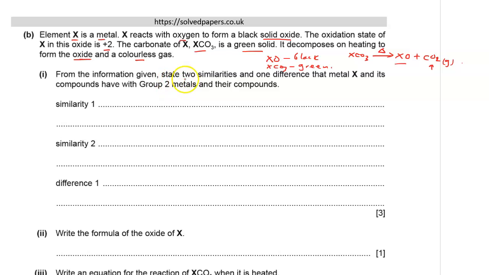From the information given, state two similarities and one difference of metal X and its compounds with group 2 metals and their compounds. So we are told that X in the oxide has +2, so that should be in group 2.